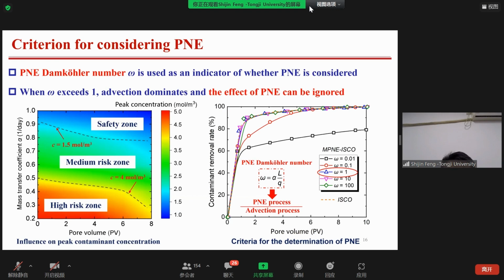The expression of the PNE dominant number is shown in the right figure. When the PNE dominant number is larger than 1, advection dominates the transport and the effect of PNE can be ignored.